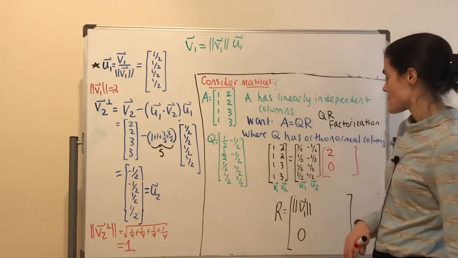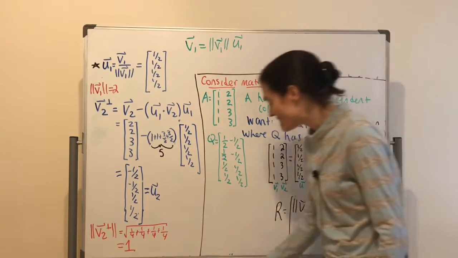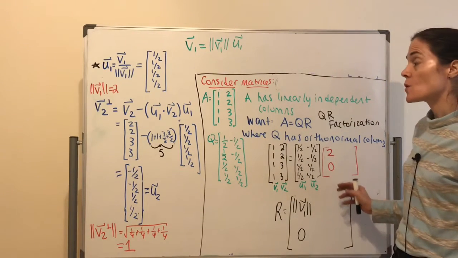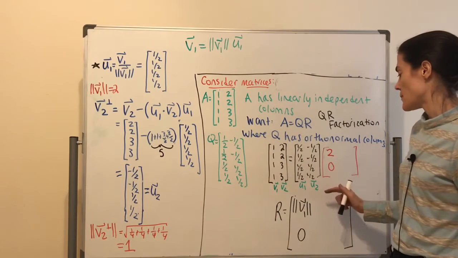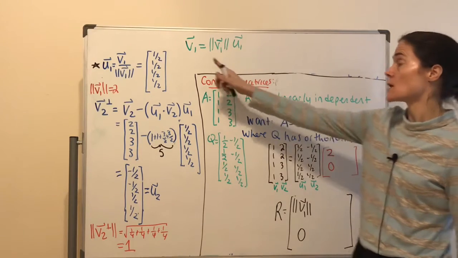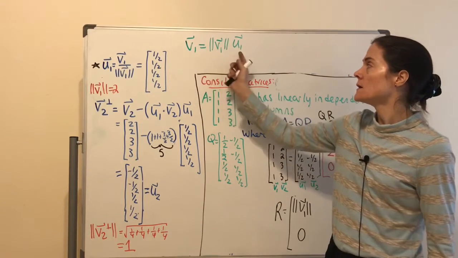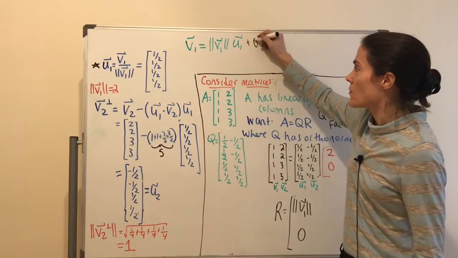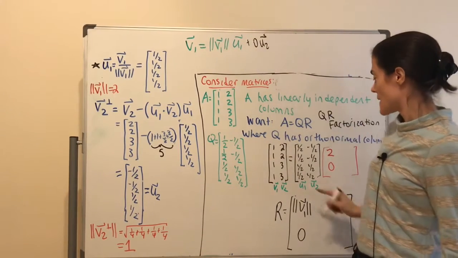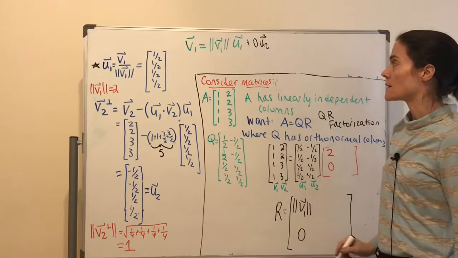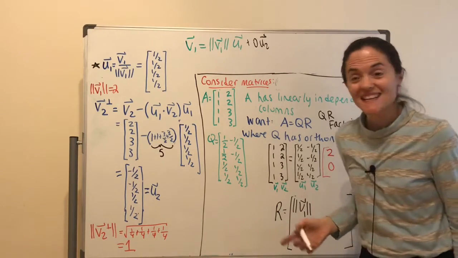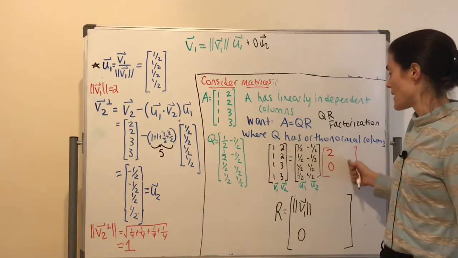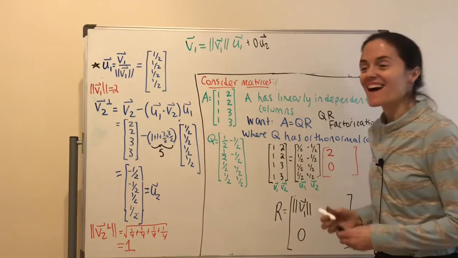Okay, well now, I need to figure out this second column, and what it's going to use is, this was an equation that related V1 to U1, and really it was like a 0, U2. And that's what gave me this 0 here. So I'm going to have an equation that relates V2 to U1 and U2 that helps me fill out what's in this second column.